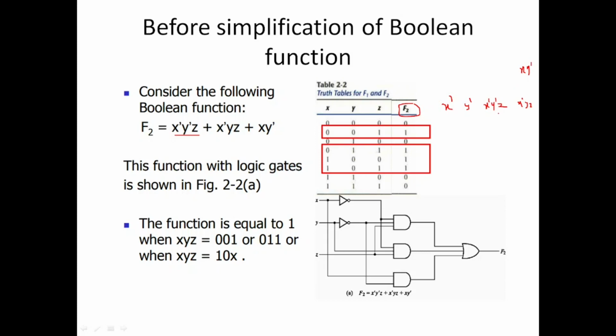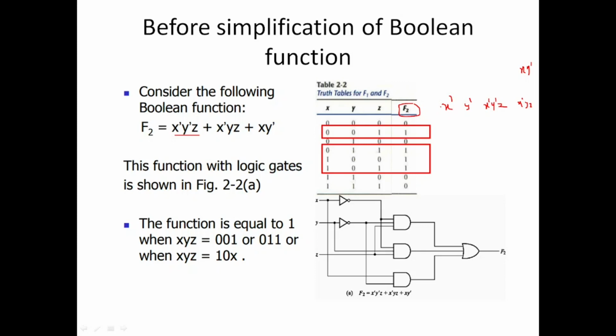So we find separate columns for these three terms. How can we find x dash y dash? Here we have found x dash y dash, and here we have z. So for x dash y dash z, these three columns have to be ANDed. For the term x dash y z, here we have x dash, the y column is here, and the z column is here.